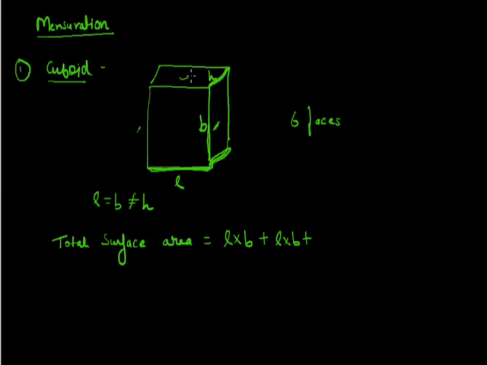First we'll see the surface area of the top face, and accordingly the bottom face. The dimensions of the top face are length and height, because this is our length and this is the height.